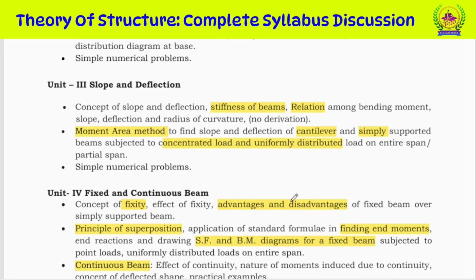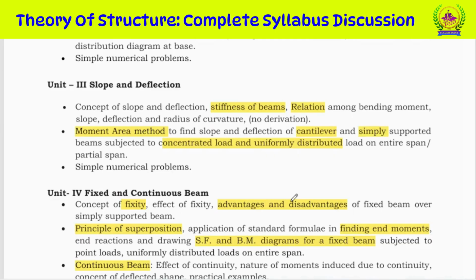In this chapter we will discuss the various loads subjected to various types of beams, and we will find out the slope and deflections of these beams. Now, where the slope and deflection will be maximum, and what is the value of maximum slope and deflection, and so on.